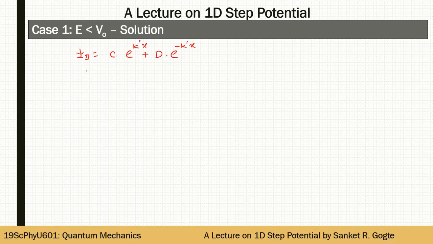If we look at this first term, it blows up as x tends to infinity, so it is not physically acceptable, whereas the second term is fine, because it is tending to 0.